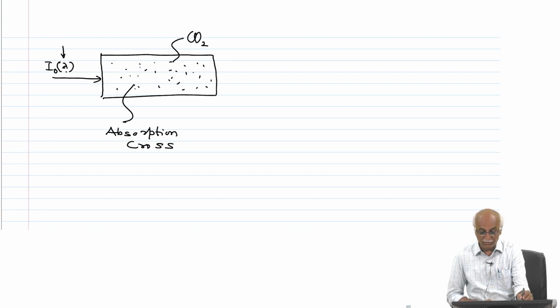The line strength of this absorption is represented by the absorption cross section of molecules, and it is represented by sigma.